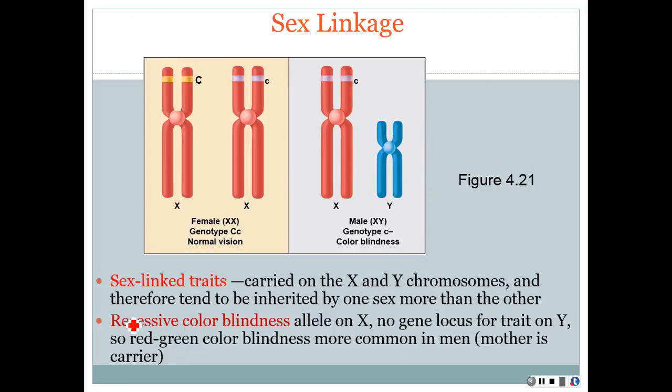Now, sex-linked traits are carried on the X or Y chromosome, and therefore tend to be inherited by one sex more than the other. So, men are more likely to inherit red-green color blindness or hemophilia than are females. Now, these phenotypes are based on alleles on the X chromosome. A female has 2 X chromosomes, so they may be heterozygous, whereas a male has only 1 and normally expresses any allele found there.